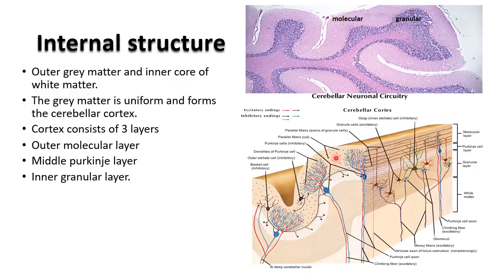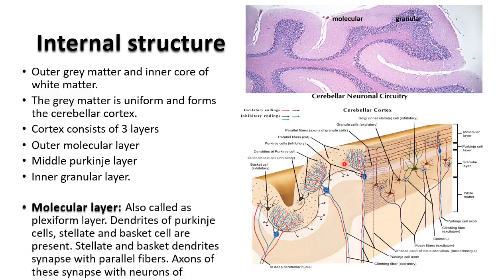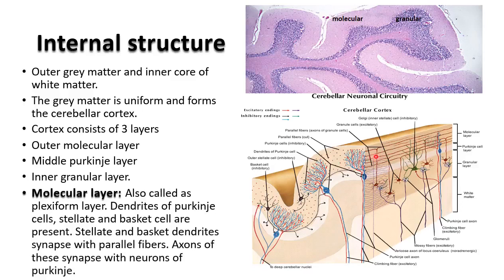So first coming to the molecular layer. The molecular layer mainly consists of two types of cells, that is the stellate cells and the basket cells. Okay, so mainly these are called the outer stellate cells, and the basket cells. So you're able to see, so these are the basket cells and the stellate cells.